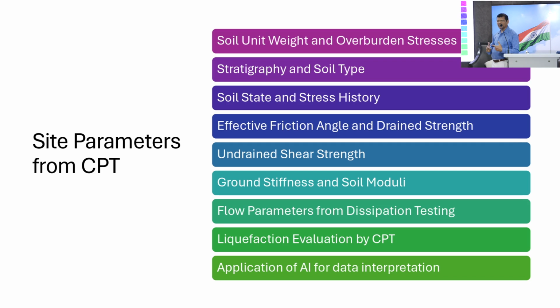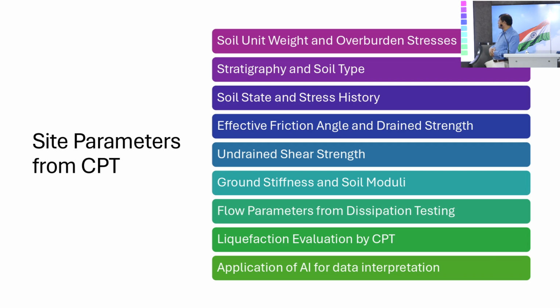But again, these are all interpretations, and you have to have a good understanding of everything for the interpretation. The most important parameter which I focus on from the CPT is the undrained shear strength, because all other parameters I can still get from the lab test, but this undrained shear strength is very difficult to get from the lab.